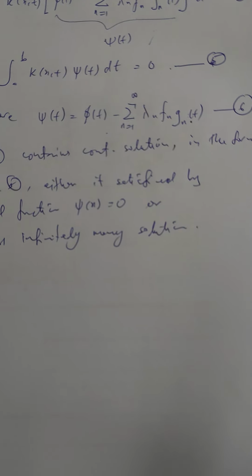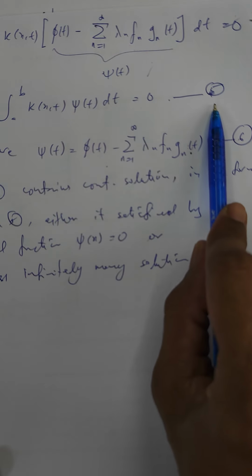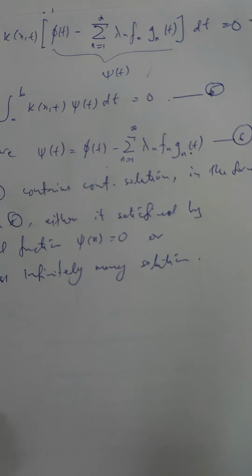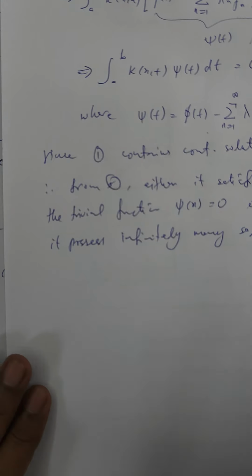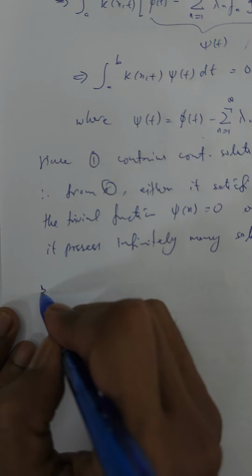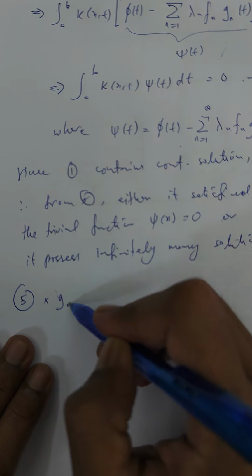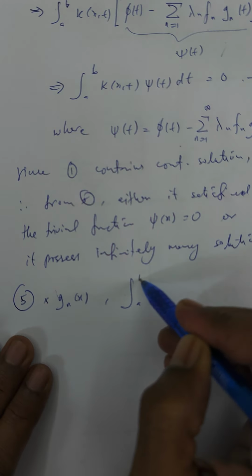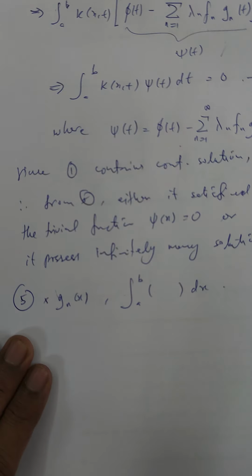Now, if you multiply this equation number 5 here with g n x and integrate with respect to x from a to b, so we multiply 5 by g n x, and then we integrate from a to b with respect to x.